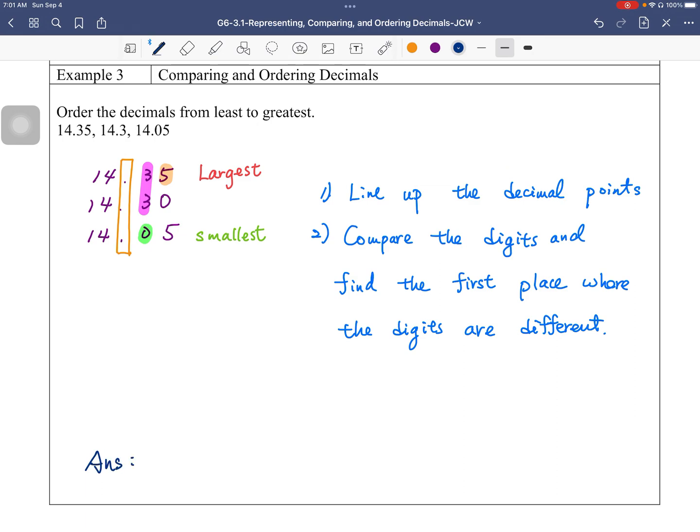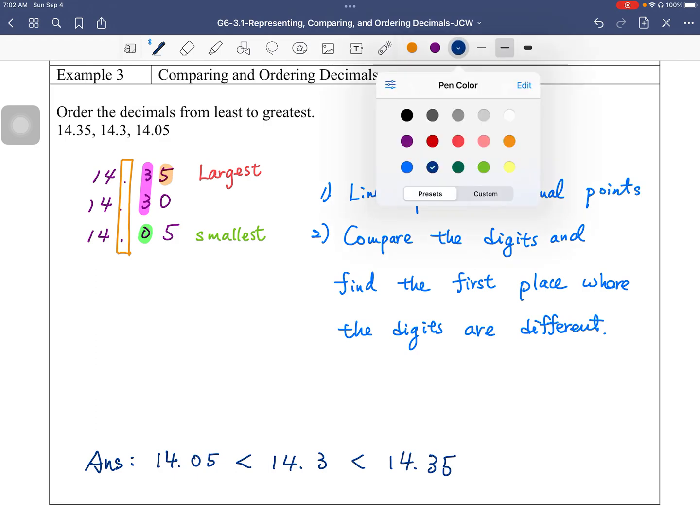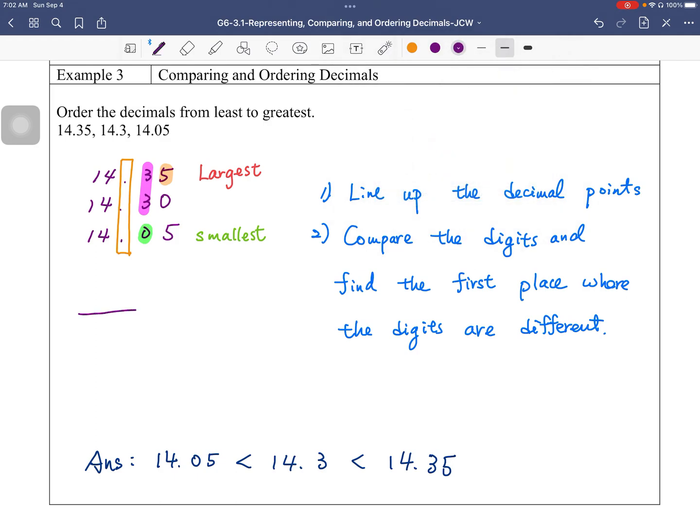So then therefore the smallest, medium, the largest. Drawing our number line, this is 14, this is 15, 14.1, 14.2, 14.3, 14.4.